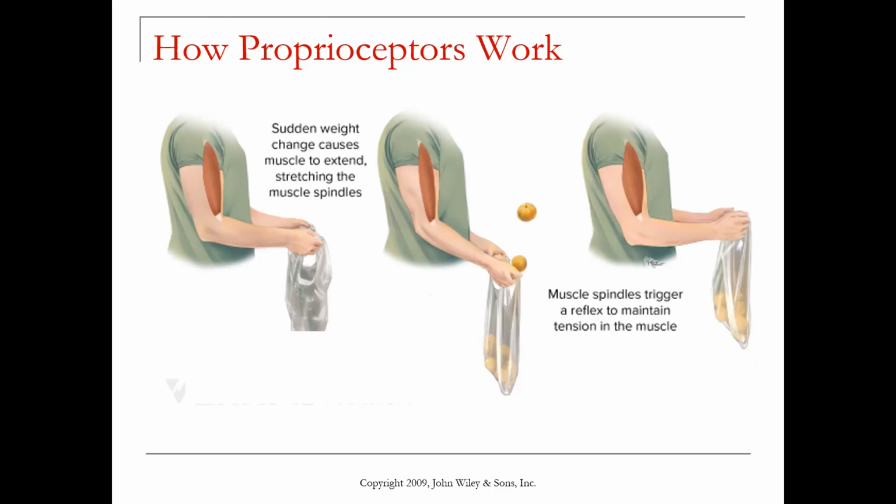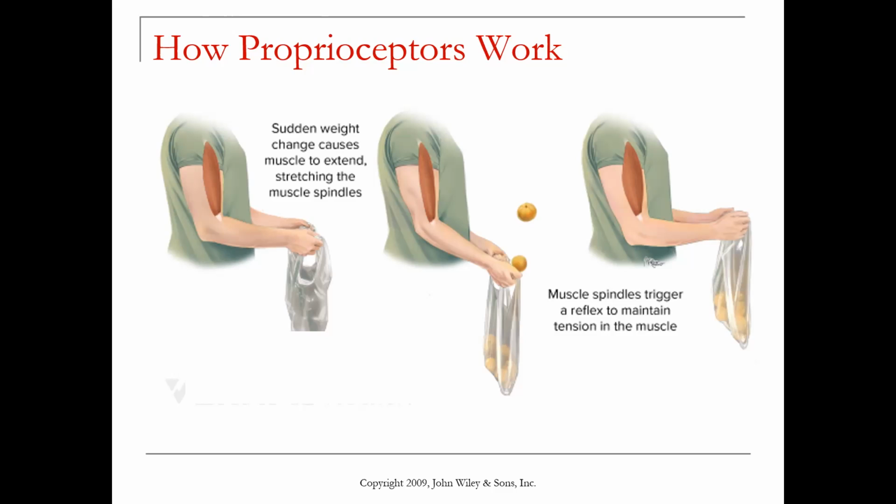Someone's throwing them into a bag for you. So you're holding your bag at waist level, and as 10 pounds of potatoes suddenly enter the bag, the weight of that bag is going to force your arms down.